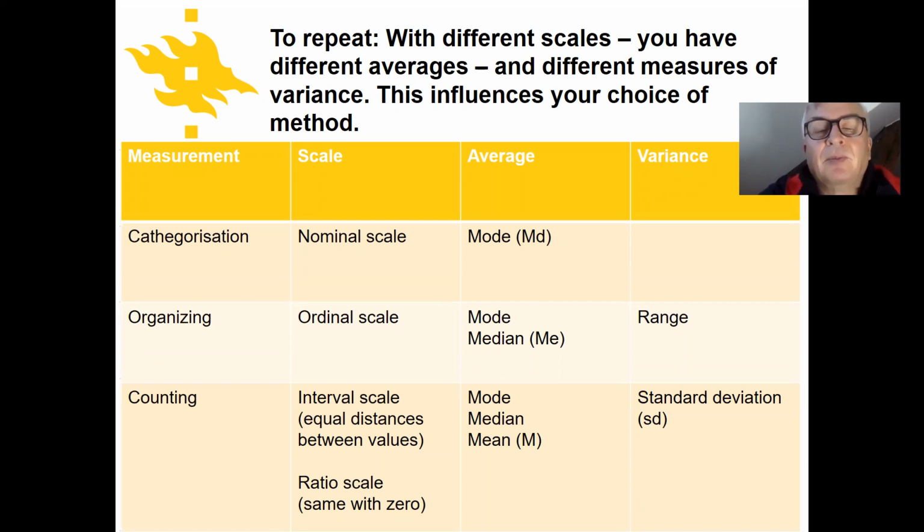So, putting it all together, you have different scales, and with these different scales, you use different measures or averages, different ways of describing what's going on, and you use different measures of variance as well.